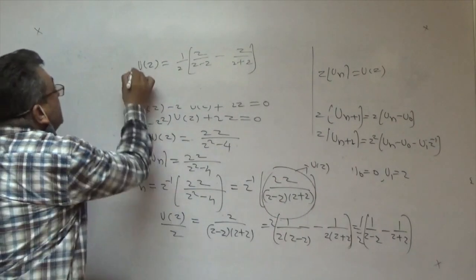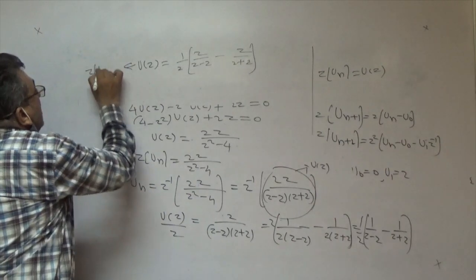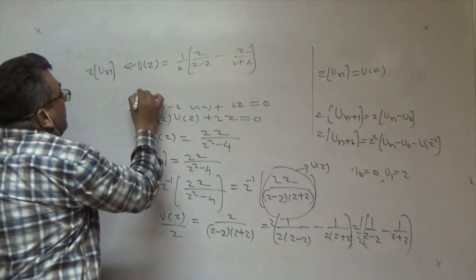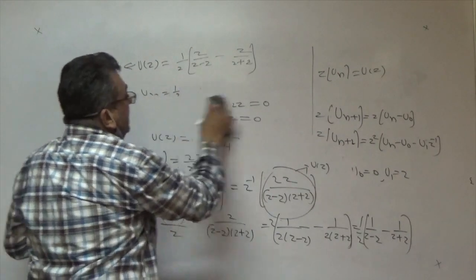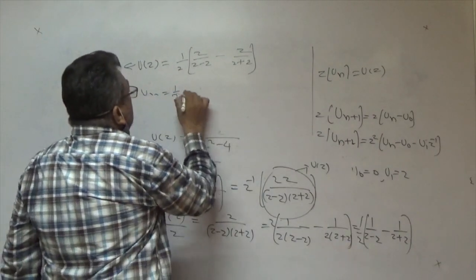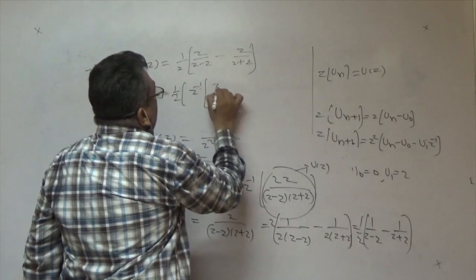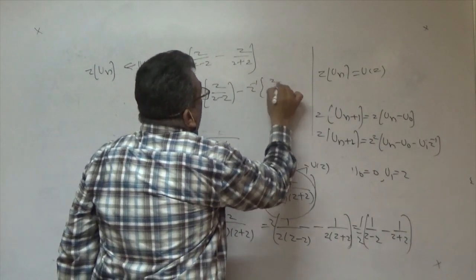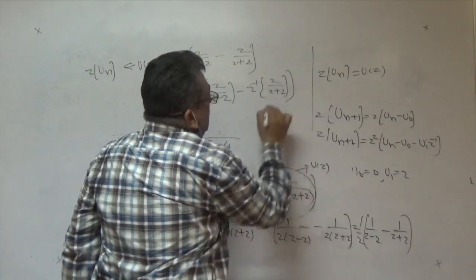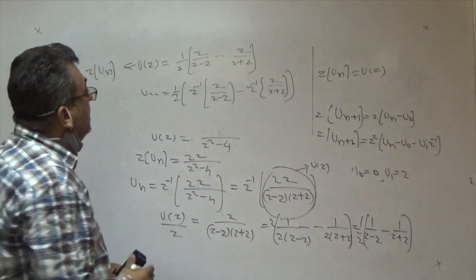Right? And U(z) is defined as the Z transform of u_n. Now take the inverse, that is u_n equals 1 by 2 by the linear property: 1 by 2 times the inverse transform of z upon z minus 2 minus the inverse transform of z upon z plus 2. And I have told you the formula here.